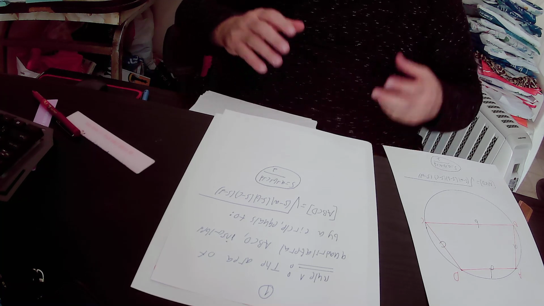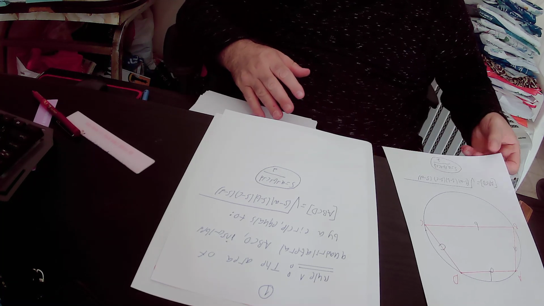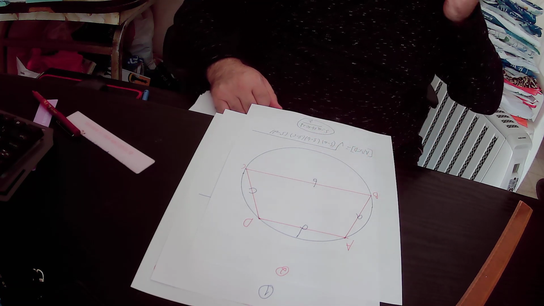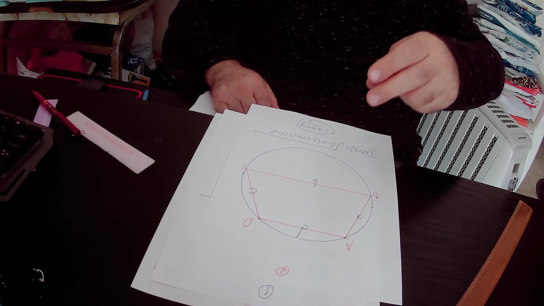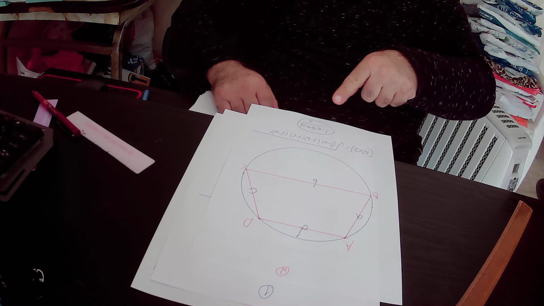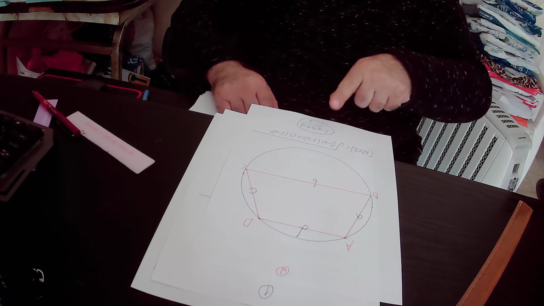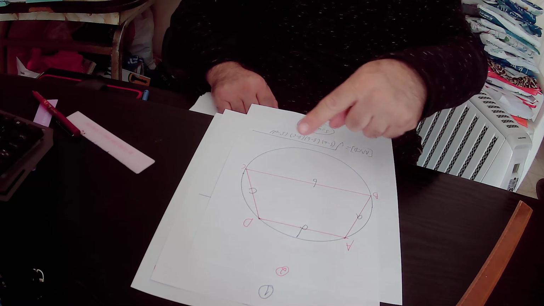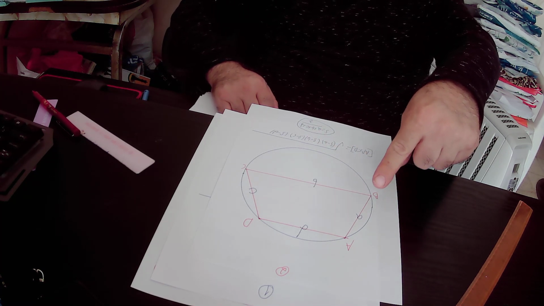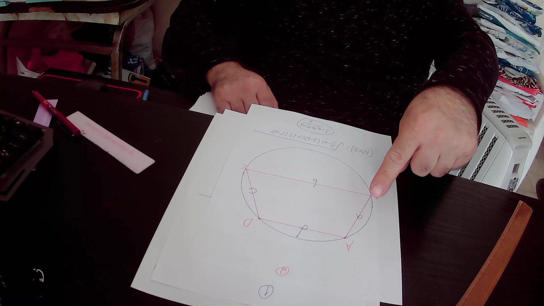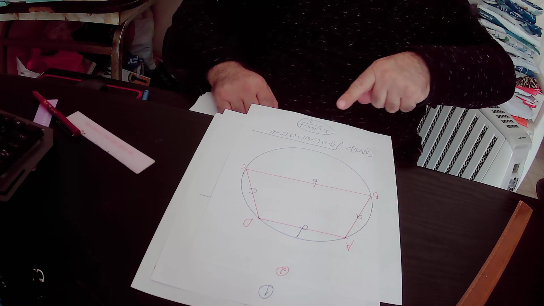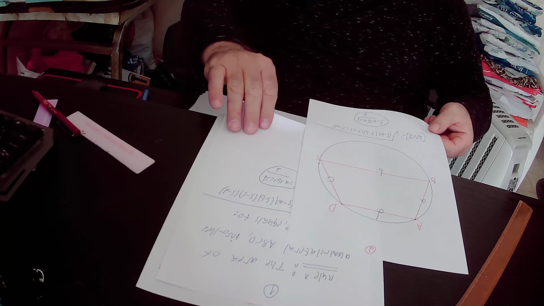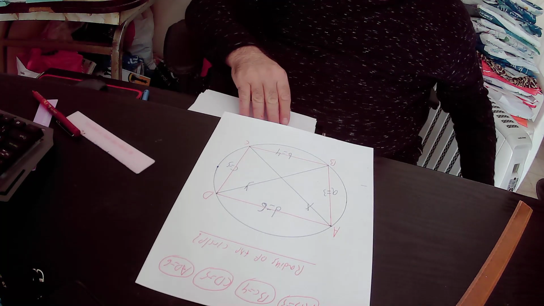Okay, so whenever you have a quadrilateral that is inscribed by a circle, like in this drawing, you can calculate the area of that quadrilateral according to this formula, when A, B, C, and D are the lengths of the quadrilateral sides, and S equals A plus B plus C plus D over 2. This is rule number 1, and we also add rule number 2.